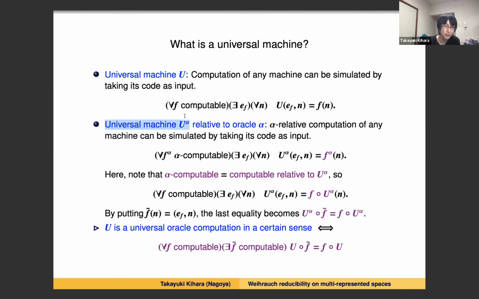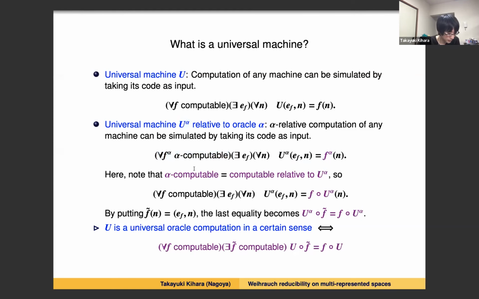A universal machine for alpha-relative computation is something like this: for any alpha computable function F, if we take an alpha-relative code EF of F, and feed EF to this universal machine, then it can simulate F alpha. So this is a property of a universal Turing machine relative to an oracle alpha. U alpha can simulate any alpha computable function.